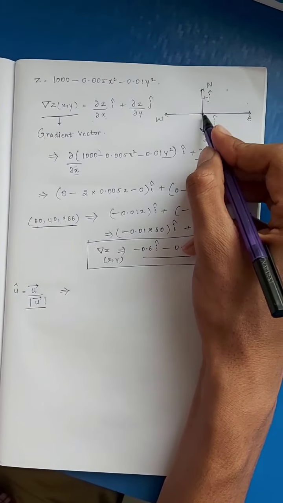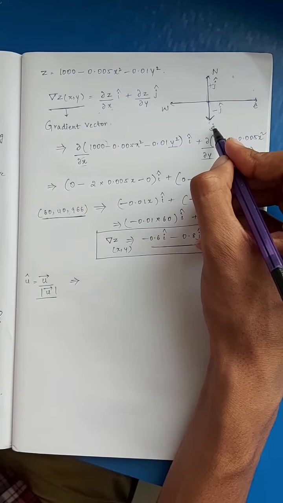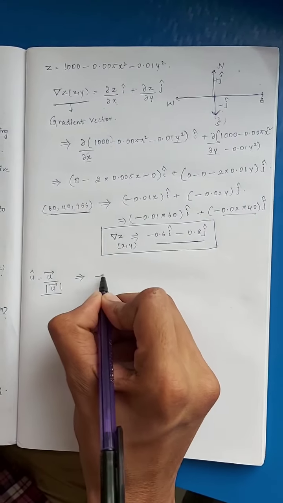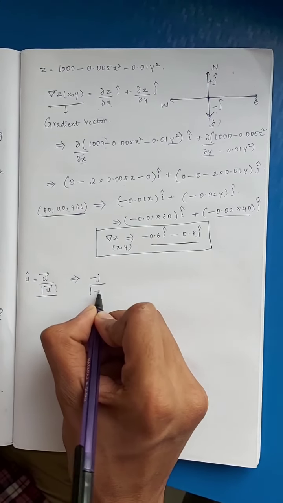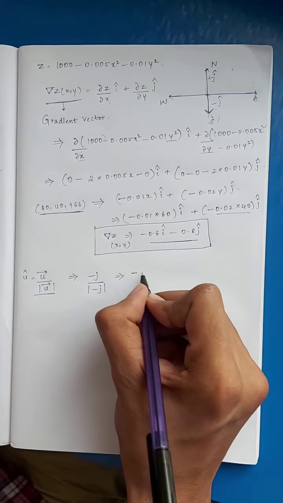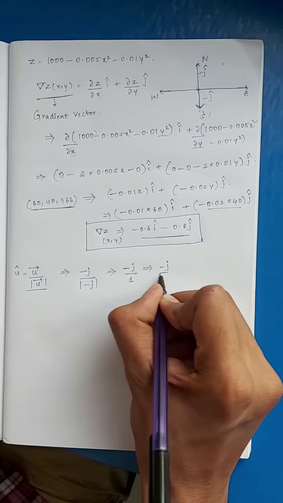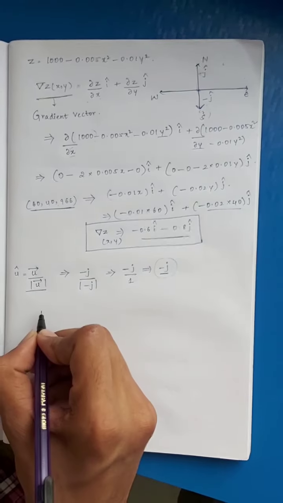Since we are going through the negative y-axis, I mean south direction, it would be minus j cap by magnitude of minus j cap, which is 1, as we know, so minus j by 1. So this is the unit vector through which we are going.